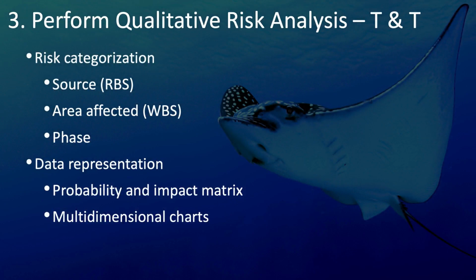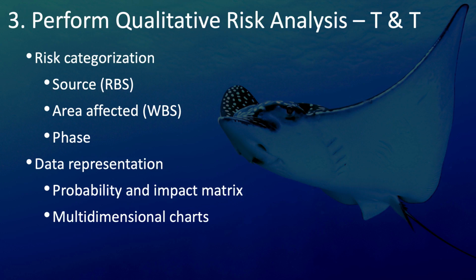Other tools include risk categorization and data representation. You can categorize these risks however you like. You could organize them by the source of the risk and organize them into a risk breakdown structure. You could categorize them by the area of the project that's affected and connect that to your work breakdown structure.